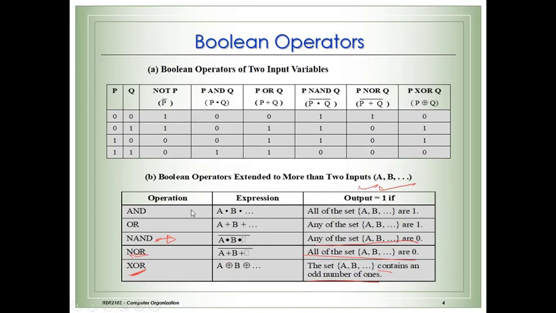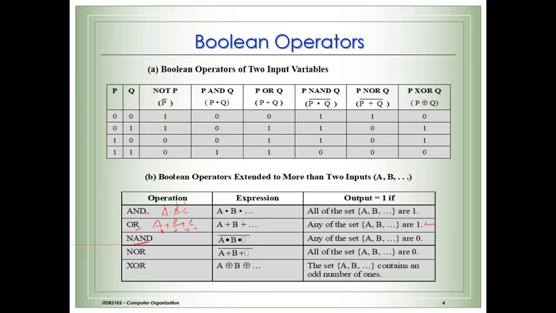Let's take an example. Let's say that you have A, B, C, three variables, correct? Here, if all three are 1, then you will get the result 1 in AND. In OR, if you are performing A plus B plus C, if at least one value is 1 and the others are zeros, then you will get the result 1.